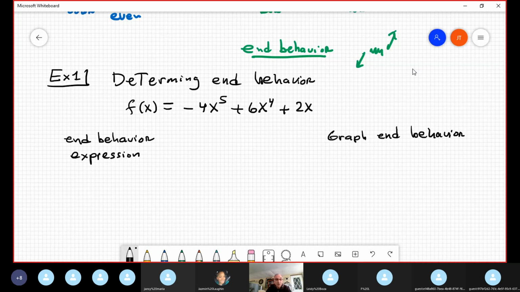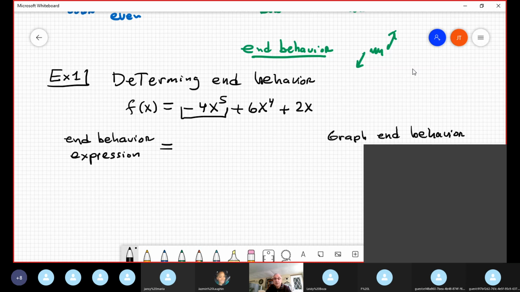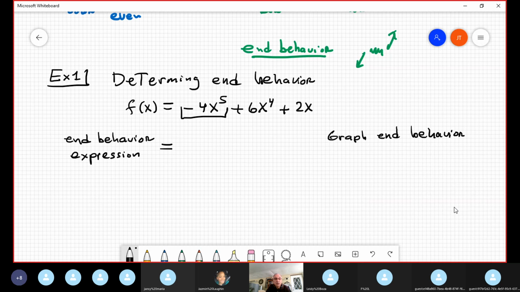So the end behavior expression is just you take only the leading term, or in other words, the term that contains the higher exponent, okay?